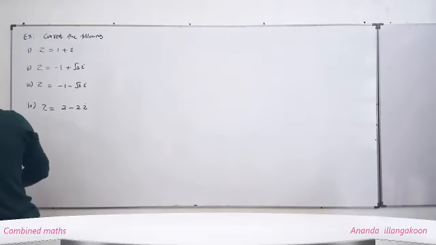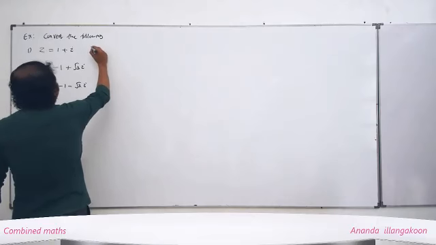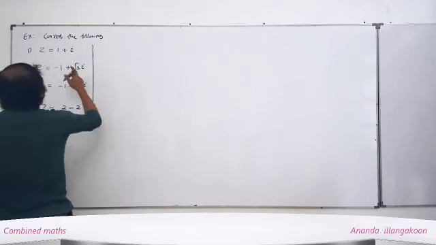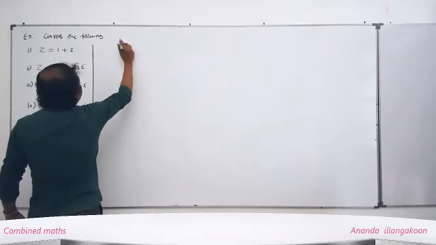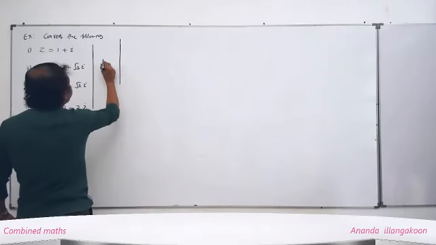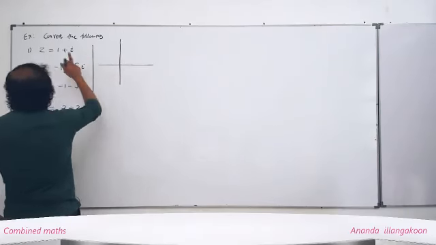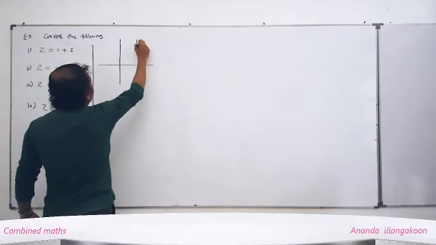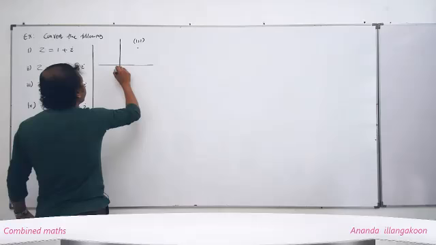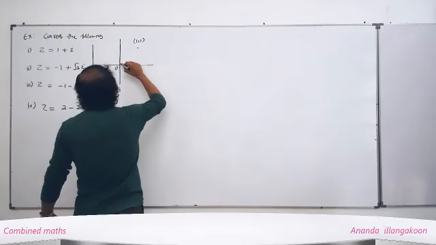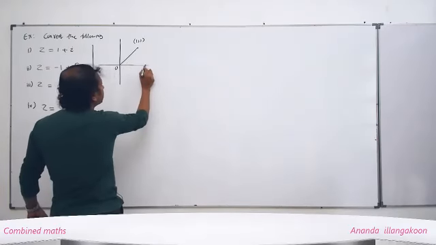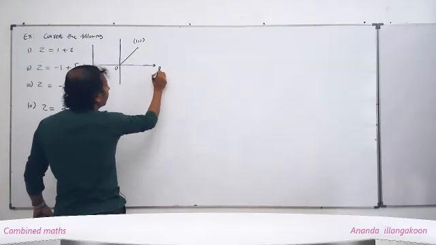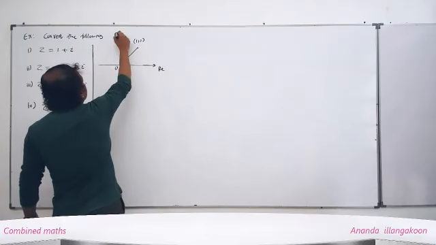First one, people. You can first write this point. What point corresponds to this complex number? Real part 1, imaginary part 1. Then in the first quadrant only, that line segment lies. Real axis, imaginary axis.